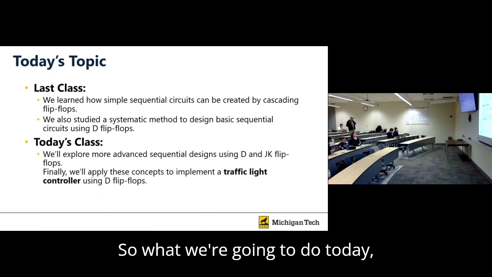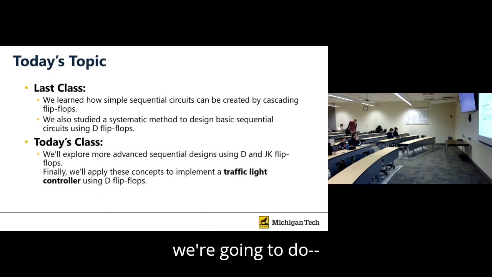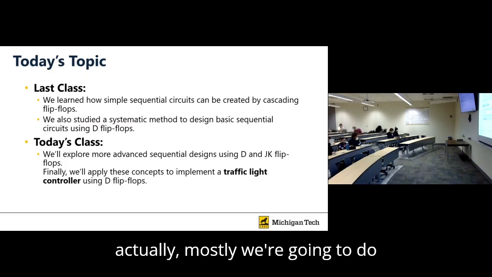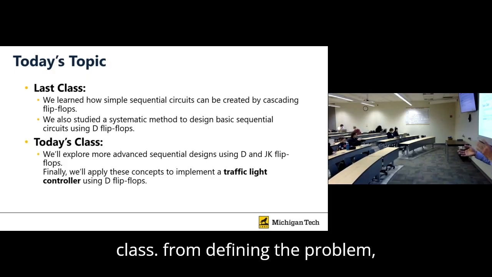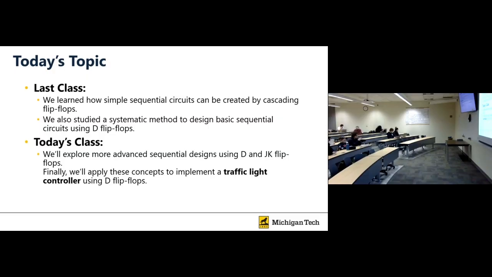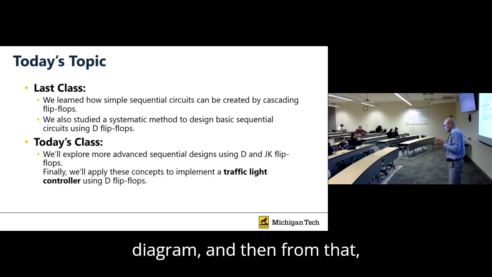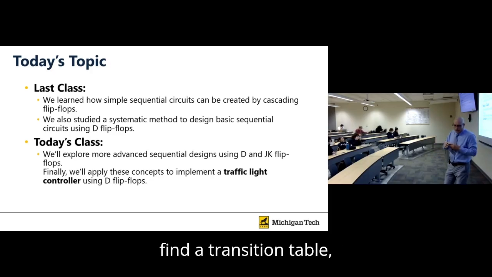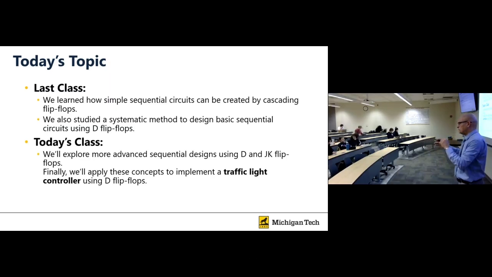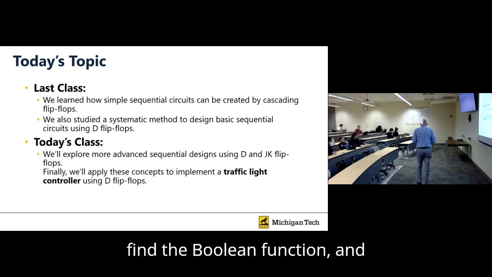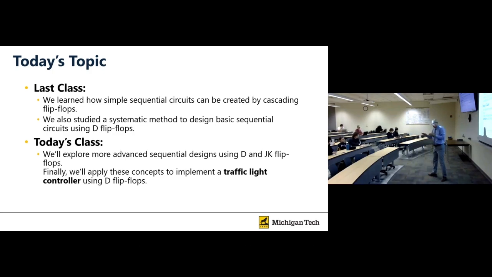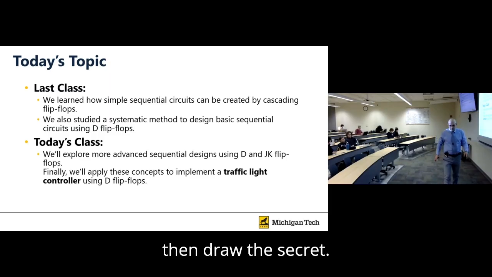So what we're going to do today, actually mostly we're going to do these steps that we started last class: defining the problem, then drawing a state diagram, and from that finding a transition table, a Karnaugh map, and the Boolean function, and then drawing the circuit.